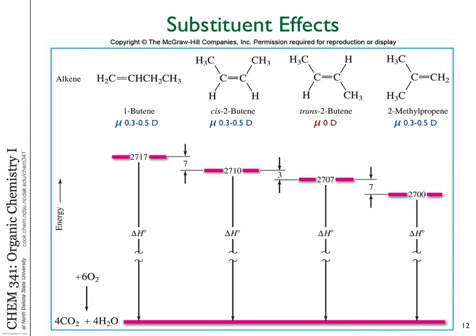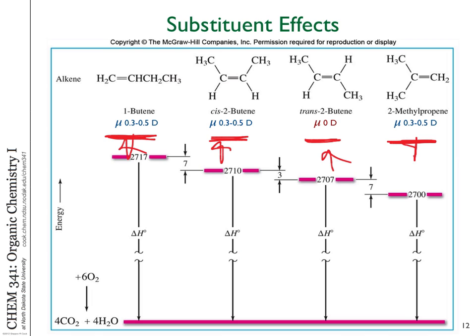And you can see here that the dipole moment for all of these is somewhere between 0.3 and 0.5. It's not big, but for 3 of these molecules, there's a dipole moment. But for this trans 2-butene, the dipole moment is 0, meaning overall, if you sum up all the individual bond dipoles in the directions, they cancel out here. Okay, it's completely nonpolar.